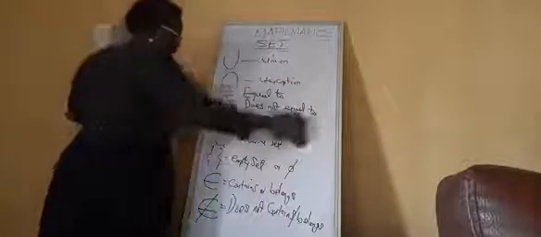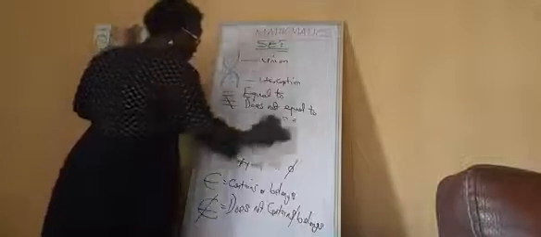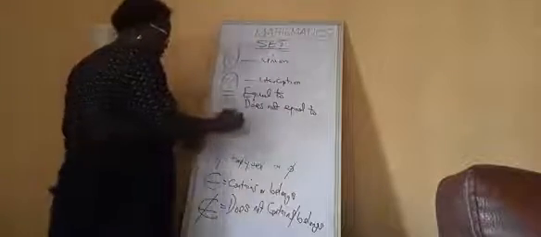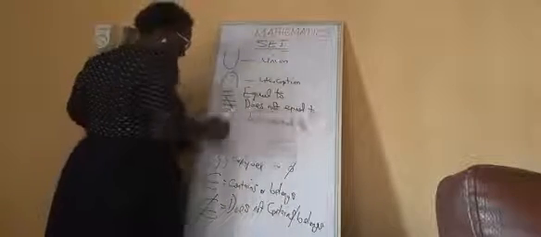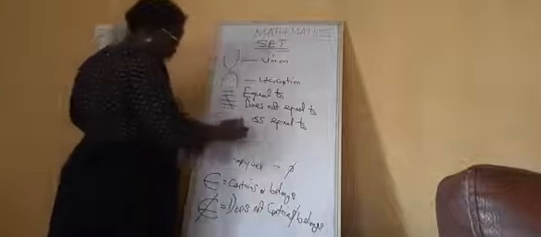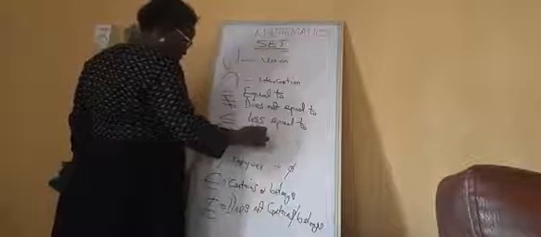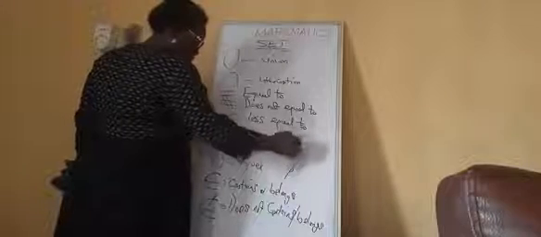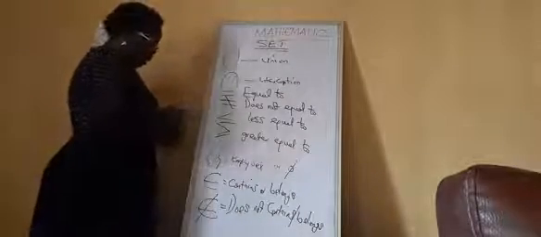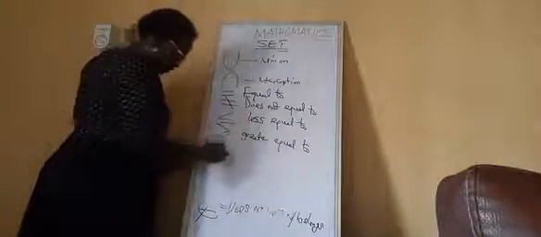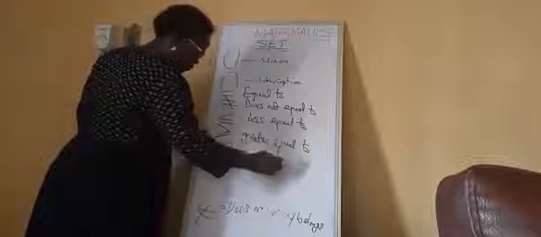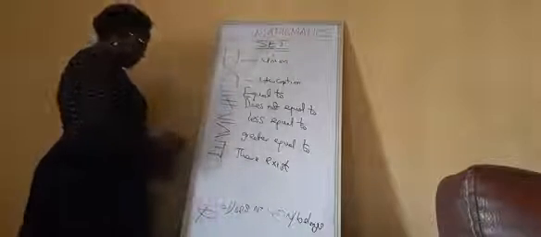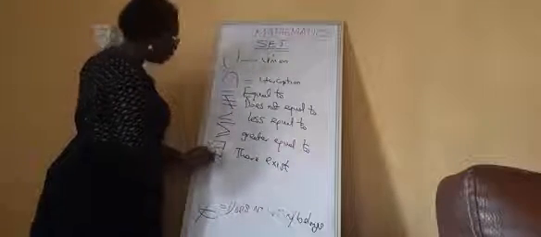We have less than or greater than, less than or equal to, greater than or equal to. We have what we call there exists. This is there exists. This is such that.